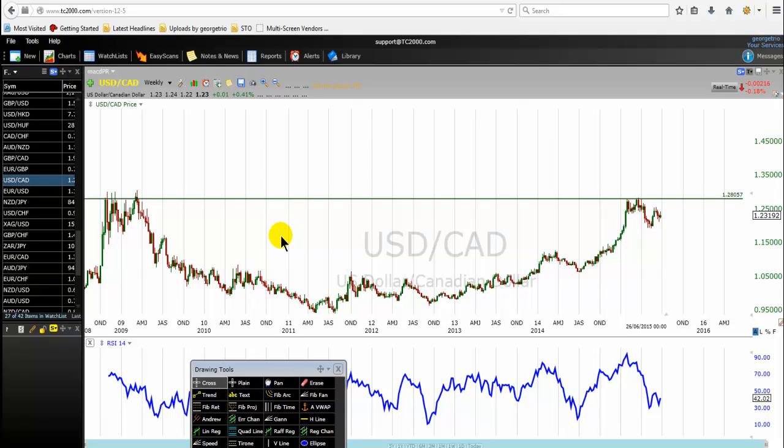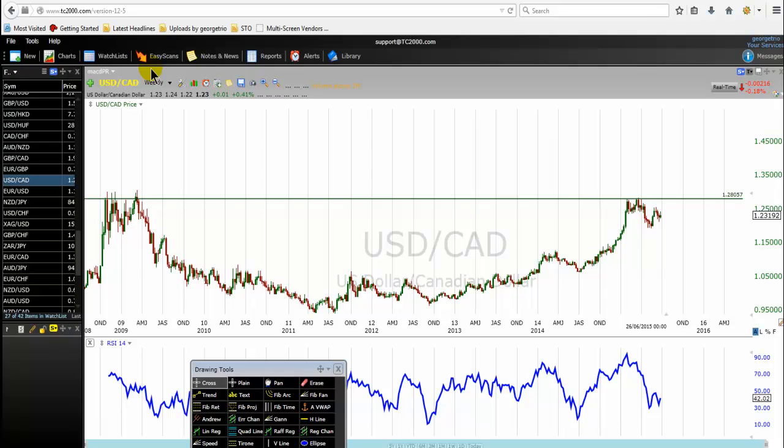If crude oil is going down, we are giving priority to bullish signal for this currency pair. Remember, if crude oil is going down, what's happening to the Canadian dollar? It will get weak. So if it's getting weak, the dollar will be stronger than the Canadian dollar. That's why this currency pair will go up.